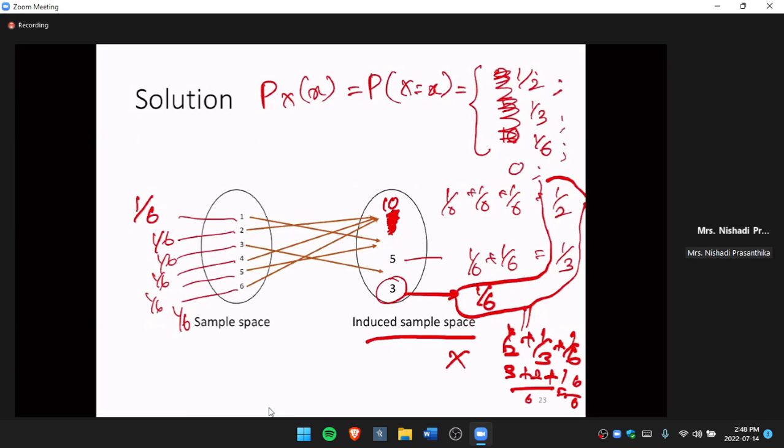The probability is half when x equals 10. The probability is 1 over 3 when x equals 5. The probability is 1 over 6 when x equals 3.